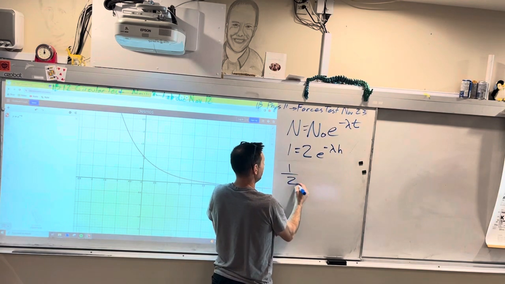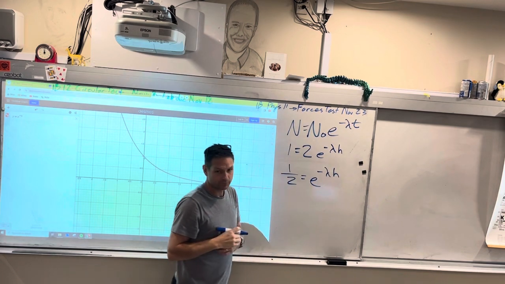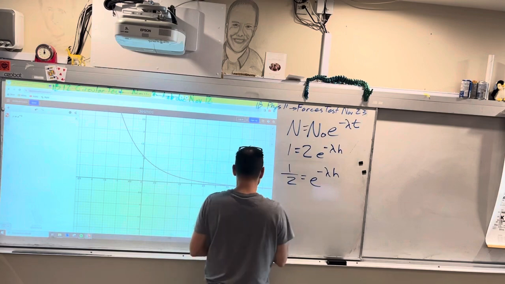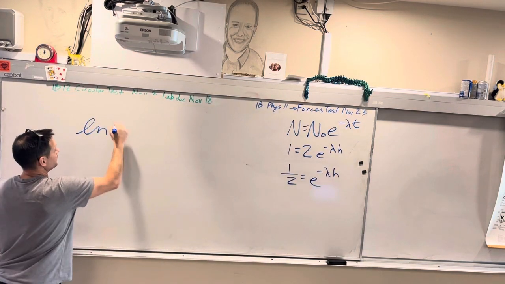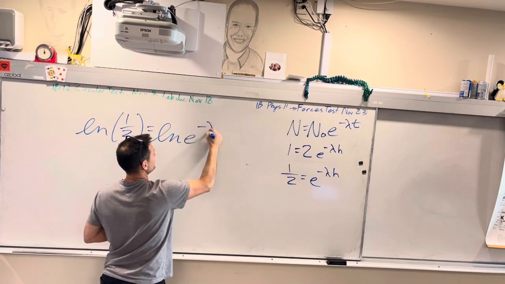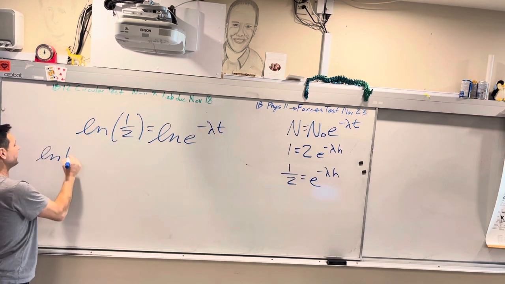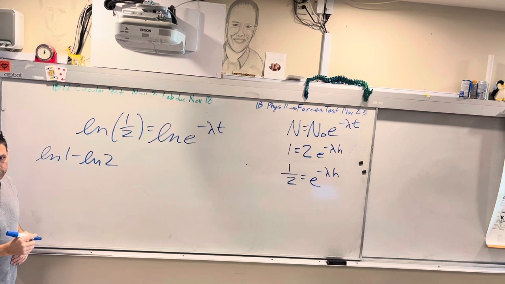So this is 1/2 equals e to the negative lambda h, yeah? Okay, so we're gonna ln it, right, Eric? Good. So we're gonna ln both sides. And we have ln of 1/2 equals ln of e to the negative lambda h, right? This is ln of 1 minus ln of 2, right? What's the ln of 1? 0.